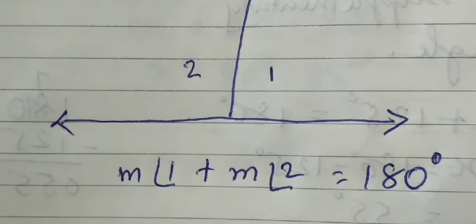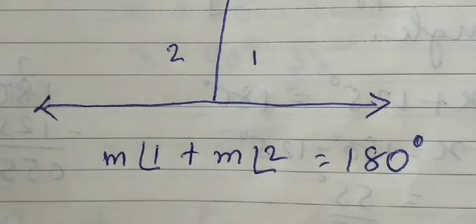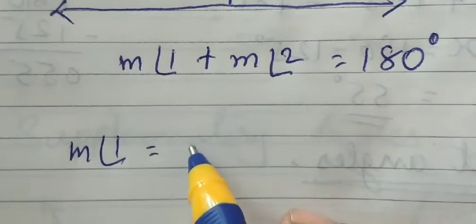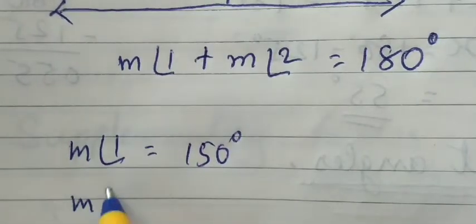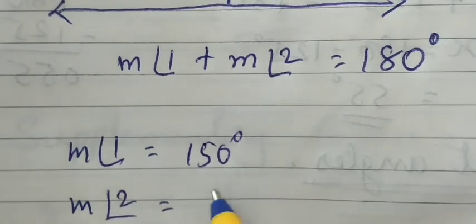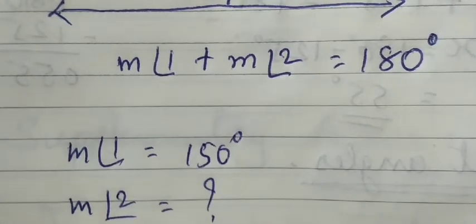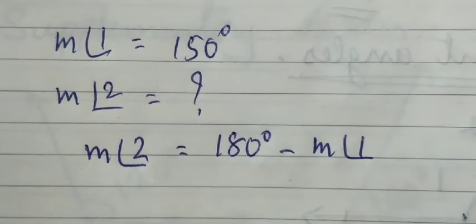Okay. So similarly, if measure angle 1 is given to you as 150 degree, then what's going to be measure angle 2? The measure angle 2 is going to be 180 degree minus measure angle 1.